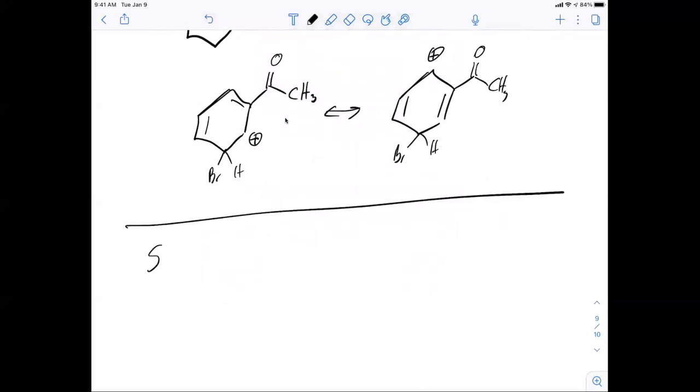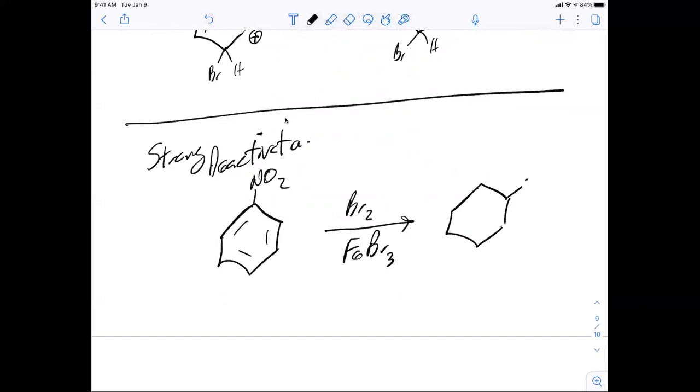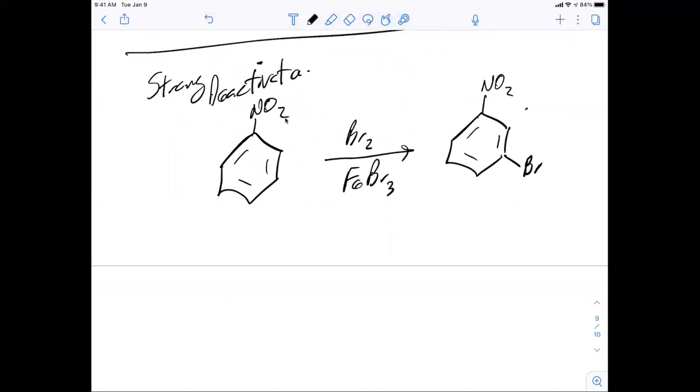Okay, when we look at strong deactivators, and in this case, what we have outside the ring, and we've already done this one, so I'm not going to go into it, but the thing to think about is that when we show that nitrogen, we don't have to show the resonance contributor that nitrogen is positive, right?